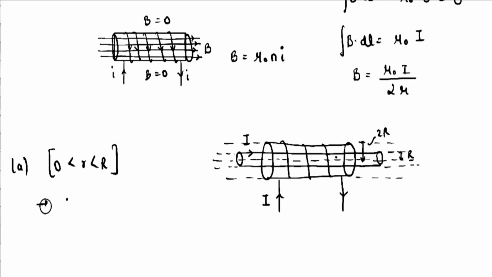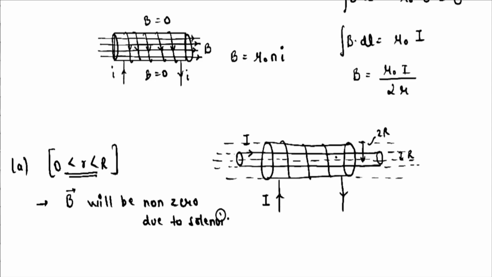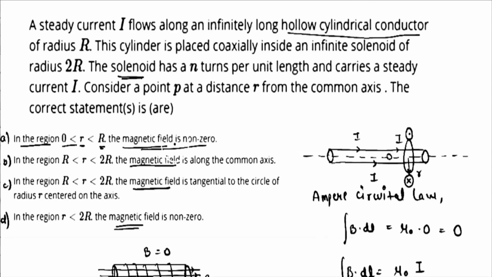Hence the magnetic field inside this region 0 to capital R will be non-zero due to the solenoid. Right? So the given statement 1 is correct.